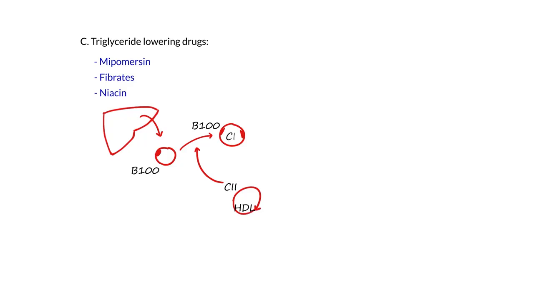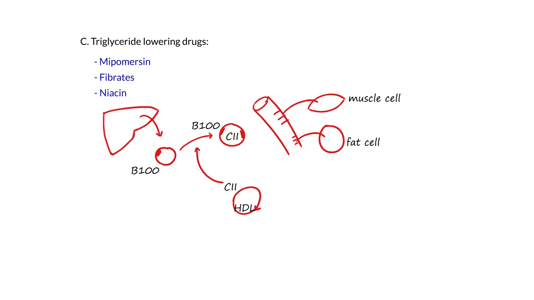So here's our B100, that's the constitutive, and there's our C2. And C2 is then going to activate the lipoprotein lipase, which has been added to the capillaries by our muscle cell and our fat cell, themselves regulated through the insulin pathway.